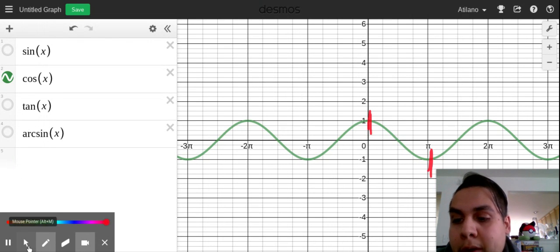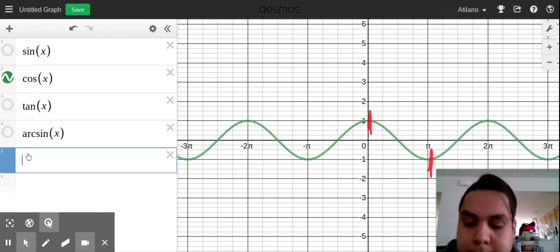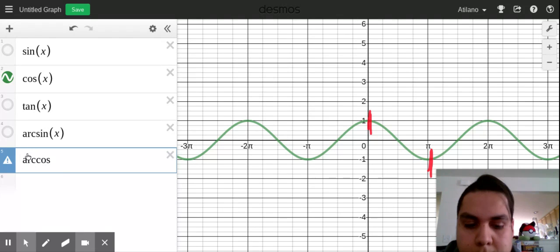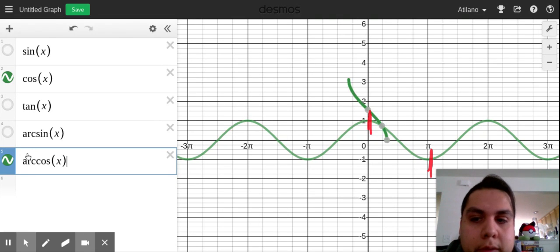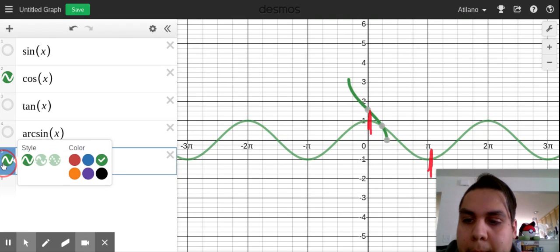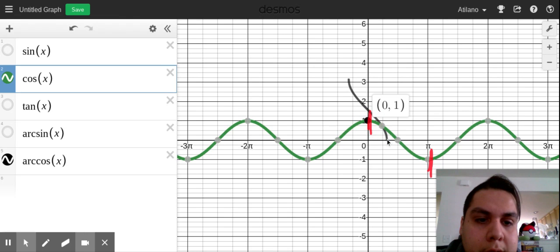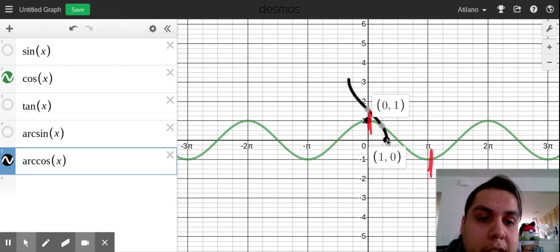So if we talk about arc cosine of x, let's make it black. It takes 0, 1, places it to 1, 0.